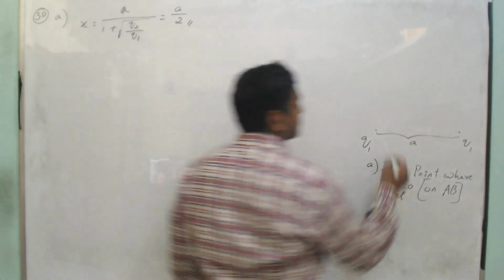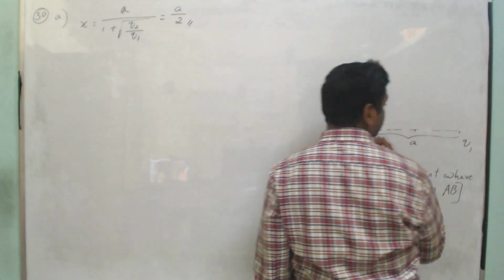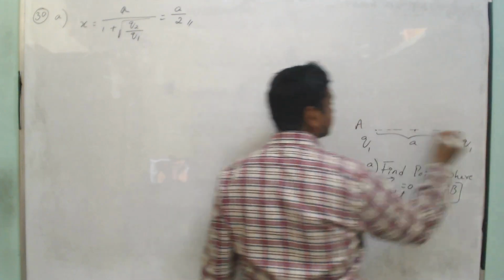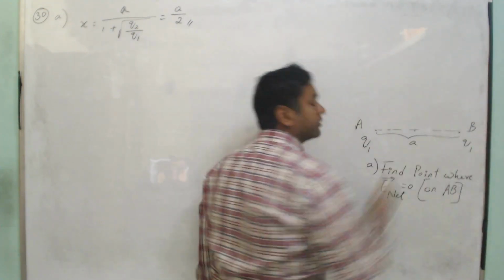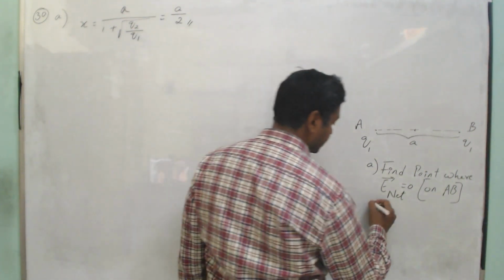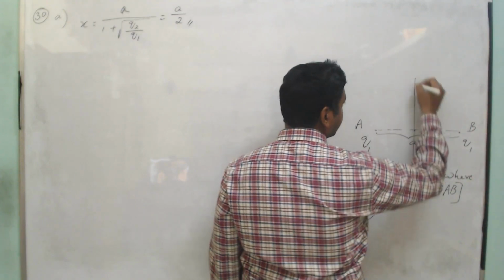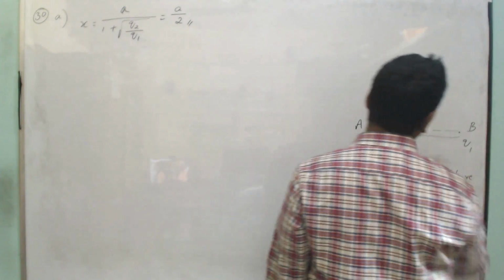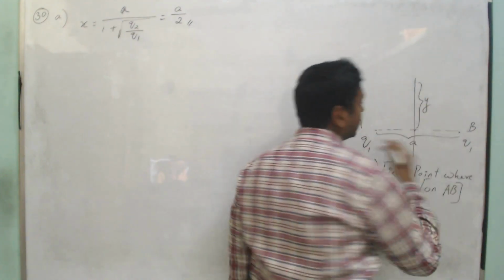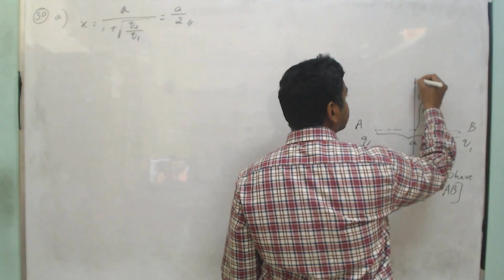That means we do know that halfway through the line AB, we will have the null point. Correct? Now the second part. At a distance of y from the null point, perpendicular to the line AB, let us say we have a point C, correct?